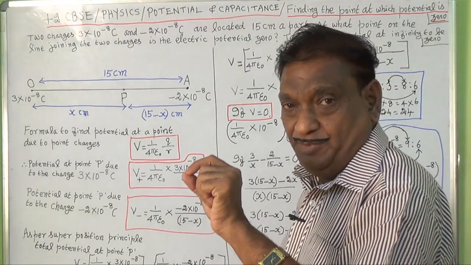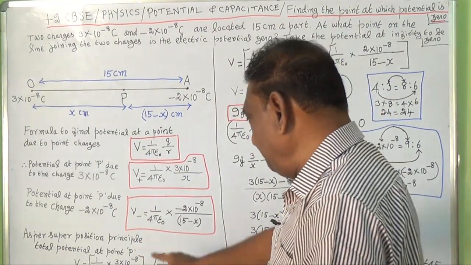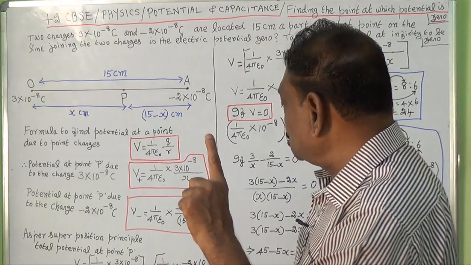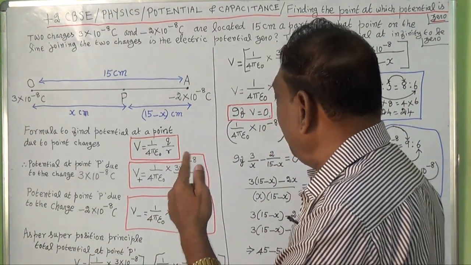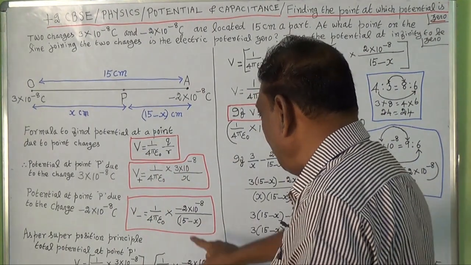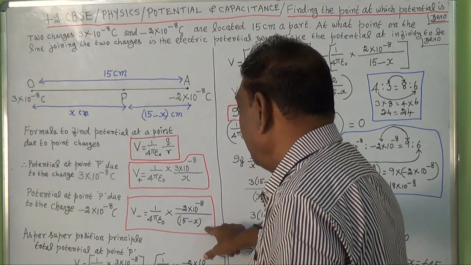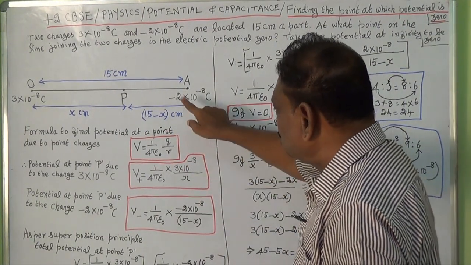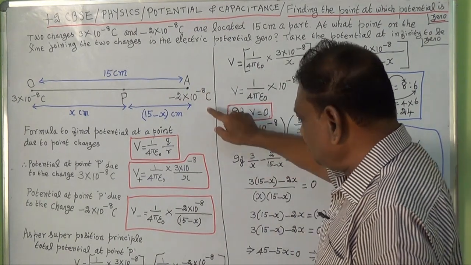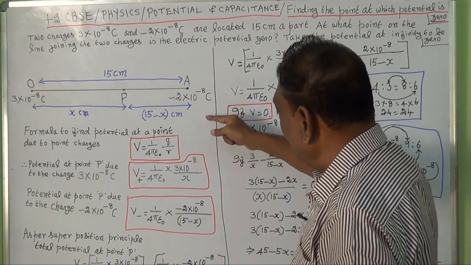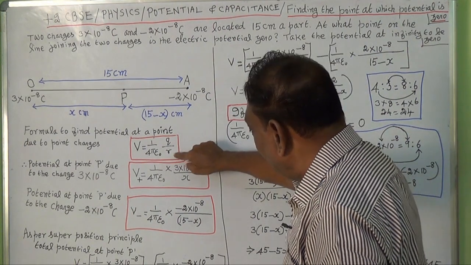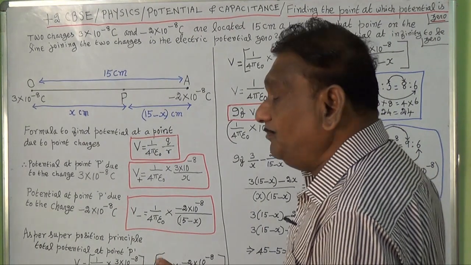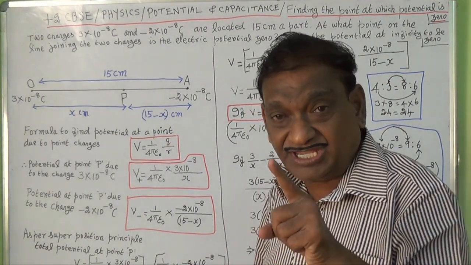The potential will be, that is the negative potential will be 1 by 4 pi epsilon naught minus 2 into 10 to the power of minus 8 by 15 minus X. In the place of Q, here we are substituting minus 2 into 10 to the power of minus 8 coulomb charge. In the place of R, we are substituting 15 minus X. Why we are substituting 15 minus X?